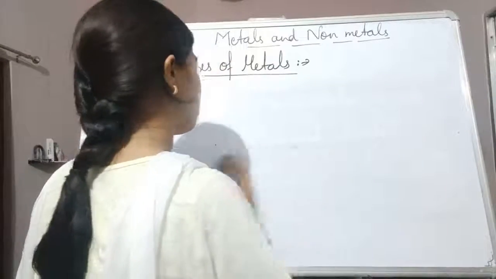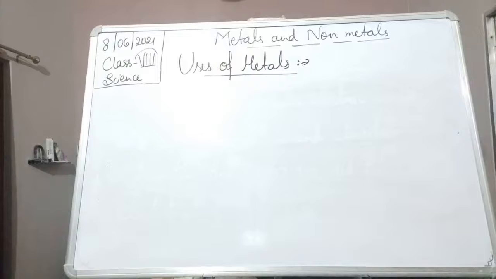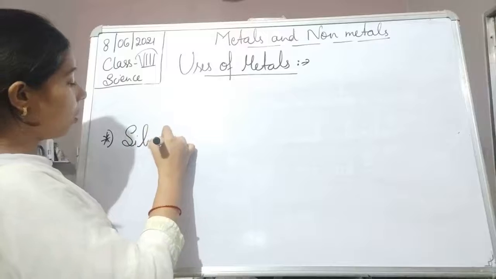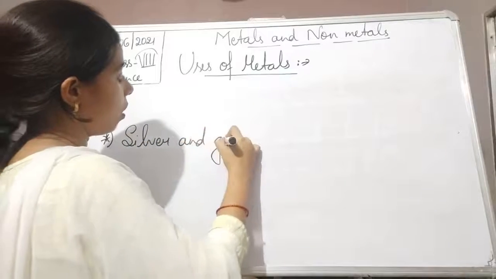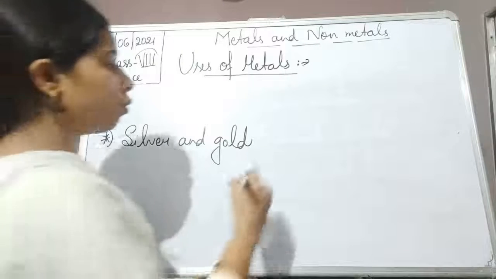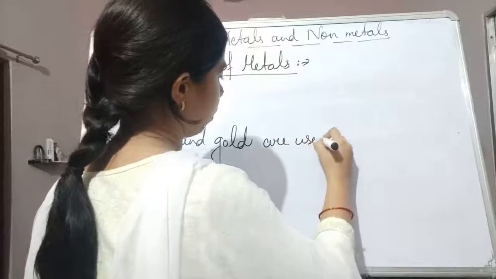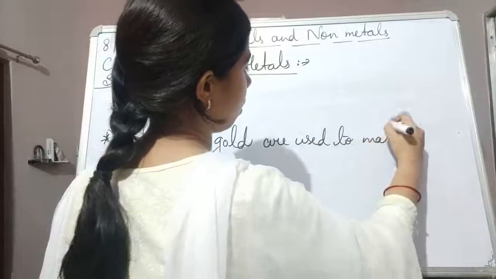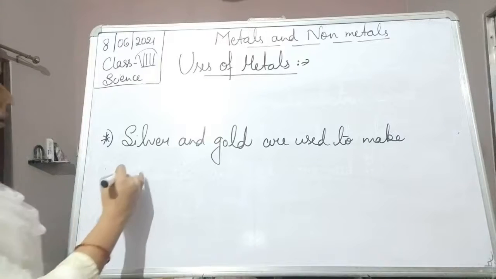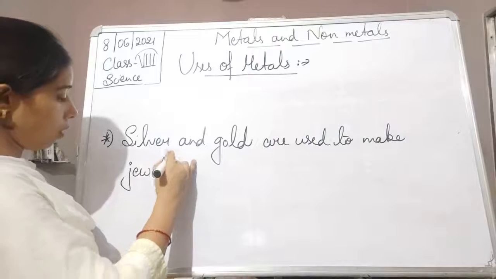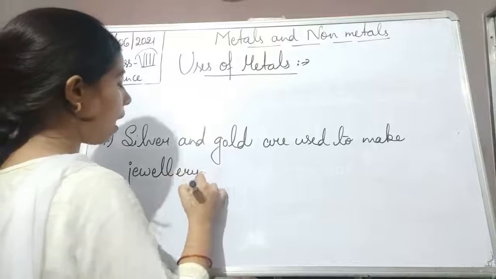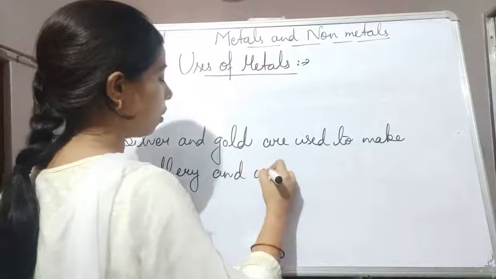Okay, so we can write it, that is silver and gold. Silver and gold are used to make jewelries, as well as coins.